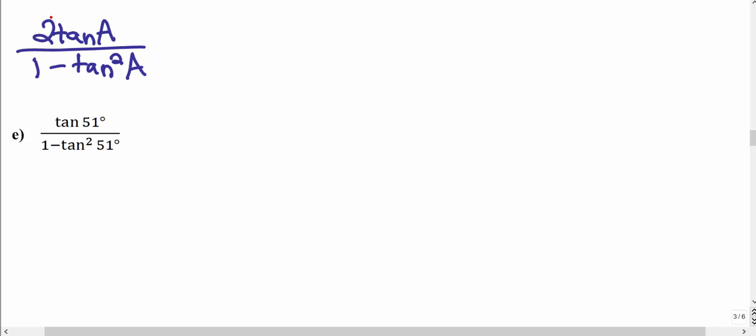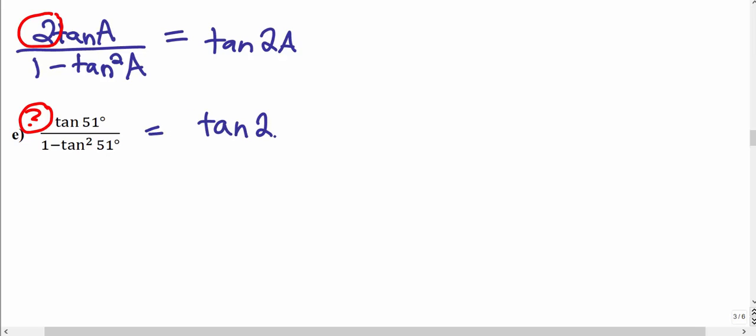And that is this expression here is multiplied by 2, so it's 2 times tangent A, and here we are missing a 2. So these are not the same, so this would not be a direct equivalent to the double angle identity for tangent. So I could not say that this is equal to tangent of 2A, because it is missing the 2.